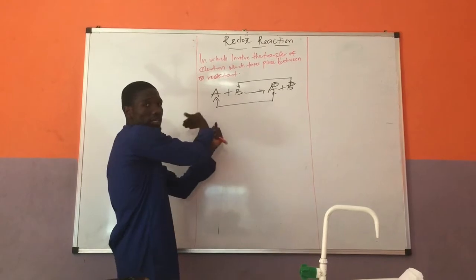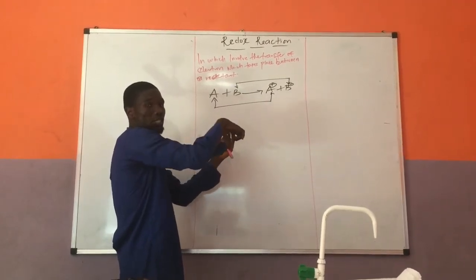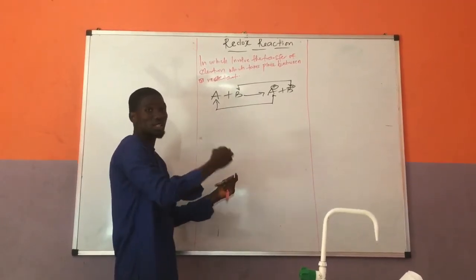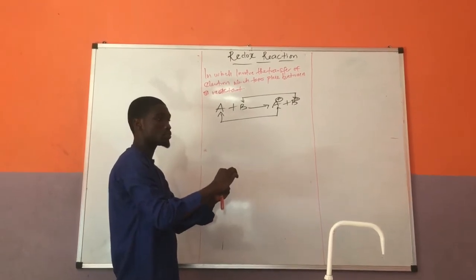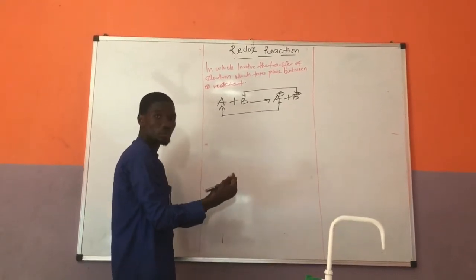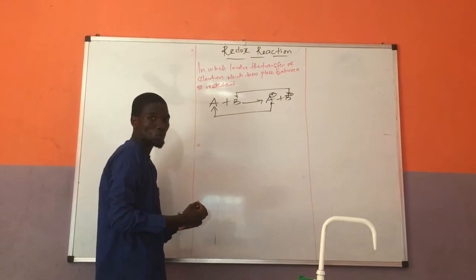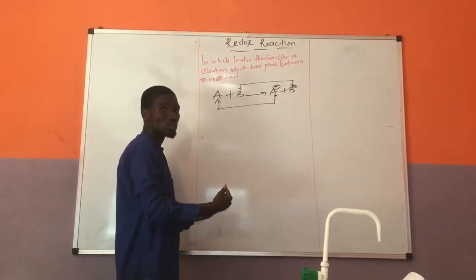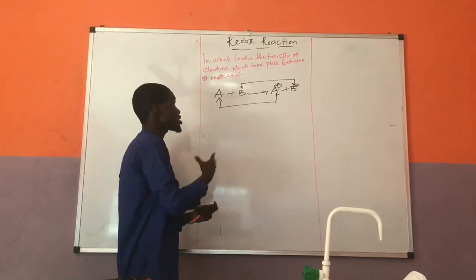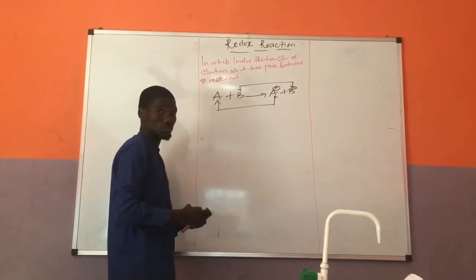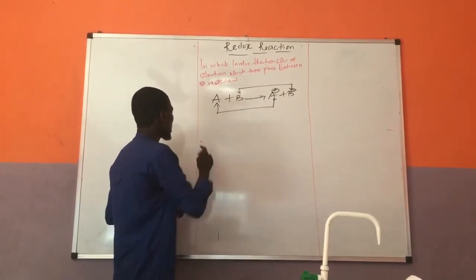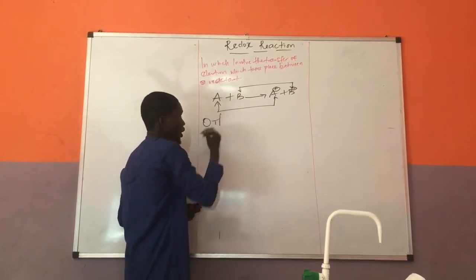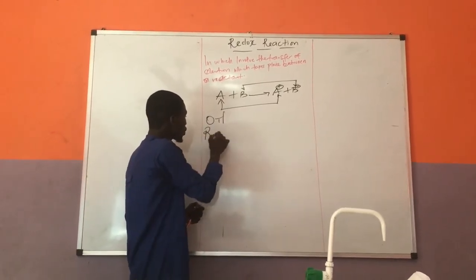These are the reactant side. If you truly want to understand the concept of redox reaction, you ought to know how to differentiate between the product side and the reactant side, because for every redox reaction, the process occurs between the reactants.